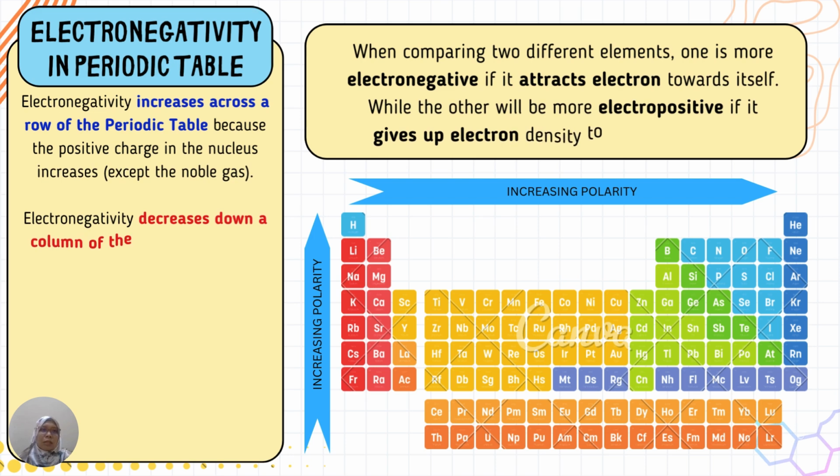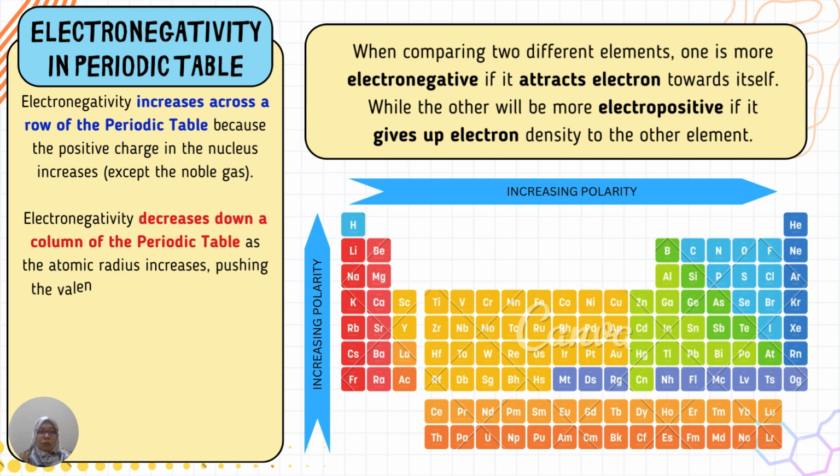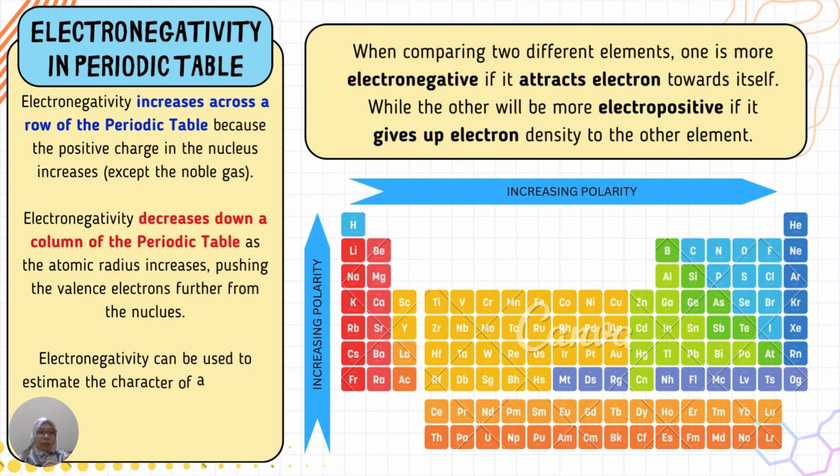This is because the positive charge in the nucleus increases from left to right. If you go down the periodic table, the electronegativity decreases. This is because the atomic radius increases, pushing the valence electrons further from the nucleus, which makes it harder to attract electrons from other atoms towards it.